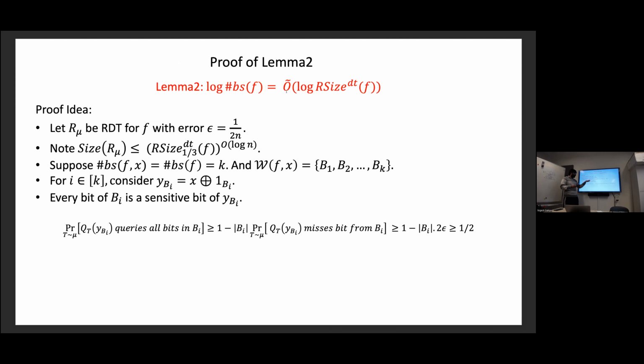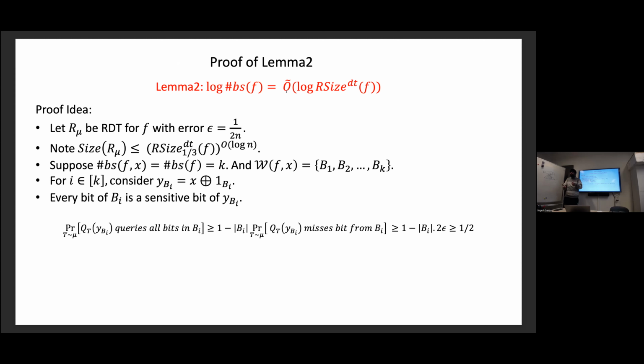In the randomized setting, we can say the error probability is like 1/2n. Then with probability 1/2 it must query every bit of Bi. Why is that the case? Since each bit is sensitive, by the noisy hitting lemma, that bit must be queried with probability at least 1 minus 2 epsilon. Because we saw that if there is an input and there is a sensitive block, then some bit from that sensitive block must be queried with probability at least 1 minus 2 epsilon. Here, this bit itself is a sensitive block. Each bit in Bi is a sensitive block.